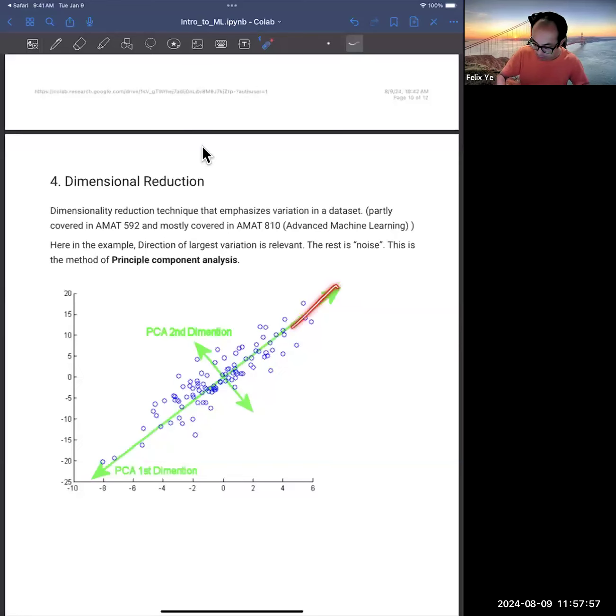This direction is very important because most of my data is spread out in this direction.